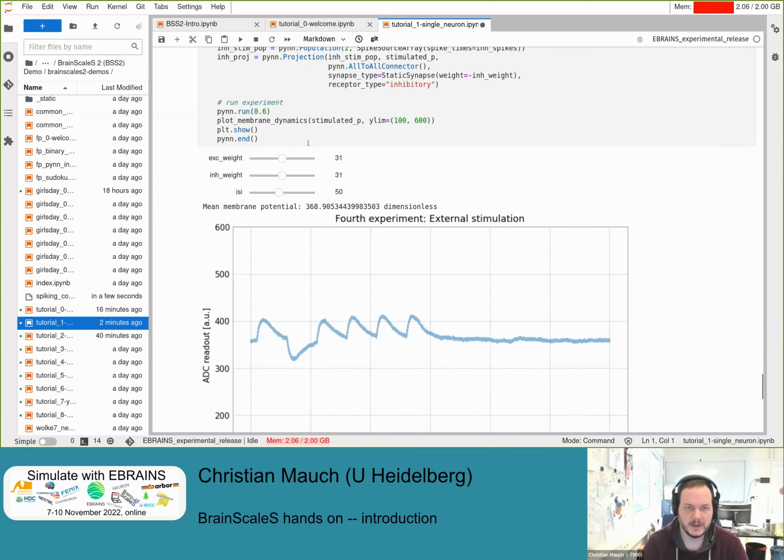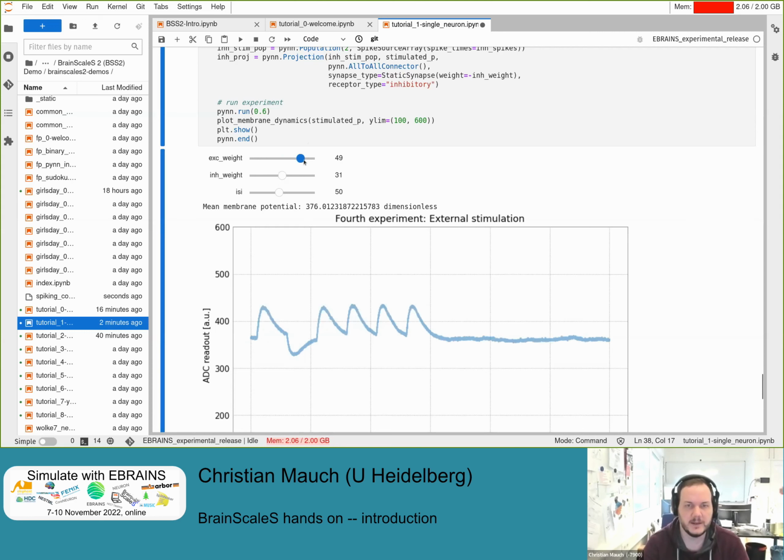You can adjust the different parameters. The excitatory rate increases the effect of the excitatory spikes, and there is also the weight of the inhibitory spikes. If you want to get the neuron to fire, we can, for example, increase the excitatory rate, which is not enough in this case.